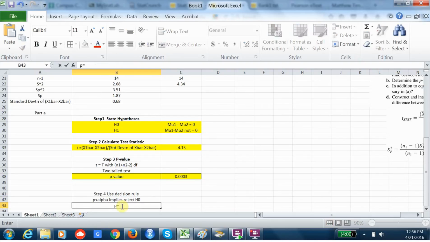Well, p is equal to 0.0003. Our alpha is 0.05 in the problem, right? So this is less than 0.05, which is equal to alpha. So just as we expect, we're going to reject H0.